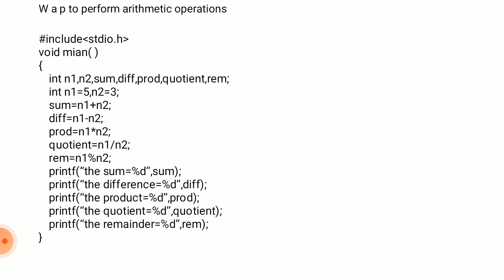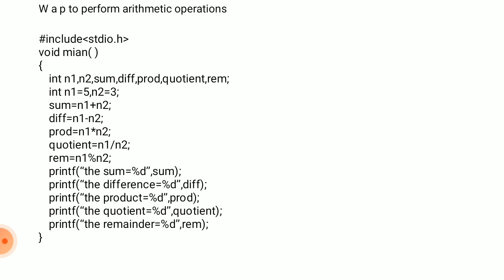So %d means a decimal integer. And in it you are printing the result of sum. So the sum is equal to %d, double quotation complete, comma sum, then parenthesis close and semicolon.